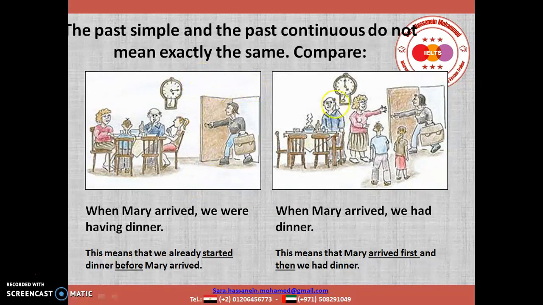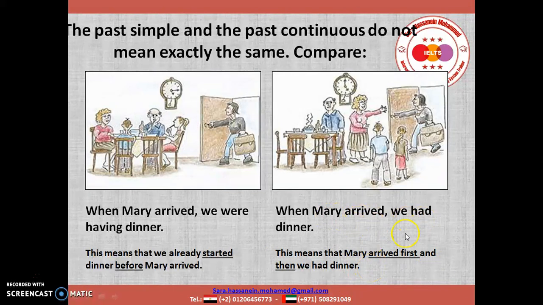For example, let me just show you two pictures, and from these two pictures you can differentiate and know the difference between the past simple and the past continuous tense. For the first picture here, when Mary arrived, we had dinner. This means that Mary arrived first and then we had dinner.